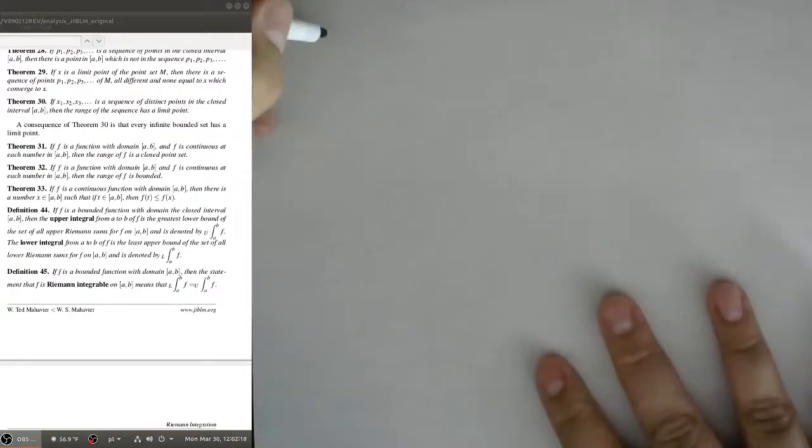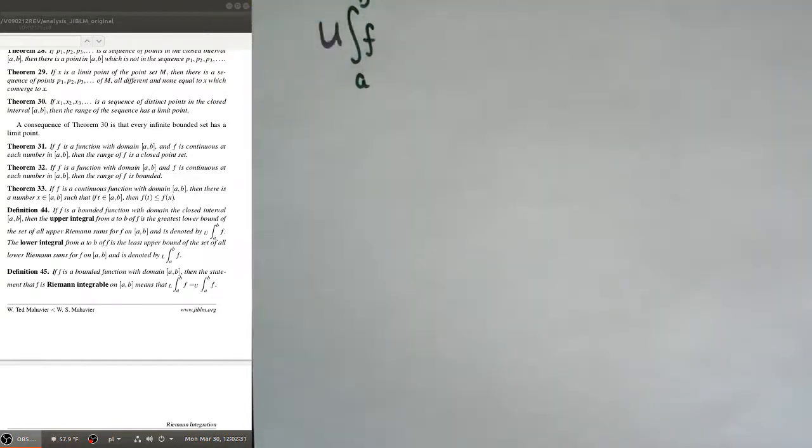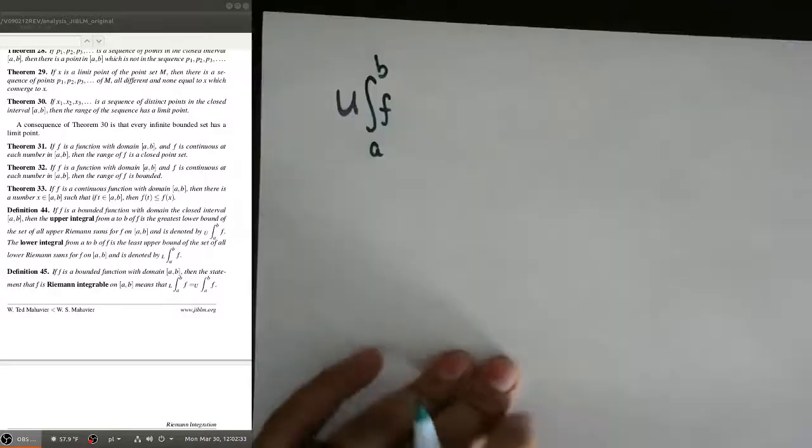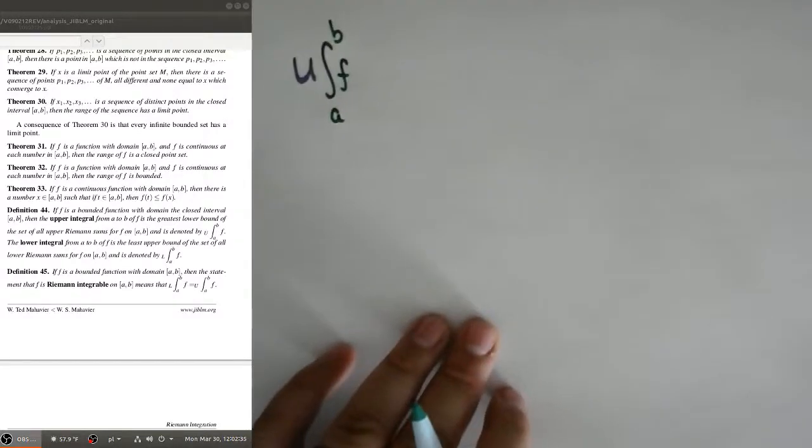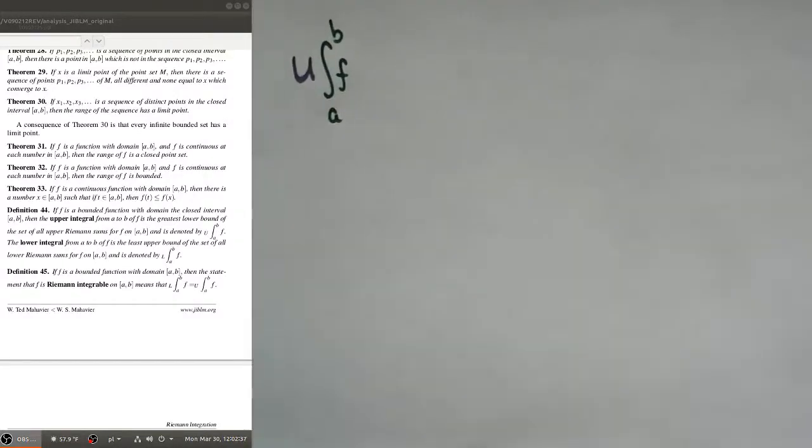So the upper integral, and they use the notation U, integral a to b of f. Now they don't write f of x dx or anything like that because it doesn't matter. It's a geometric sort of concept. It's just this interval defined there.